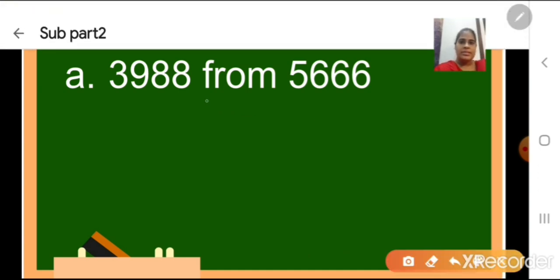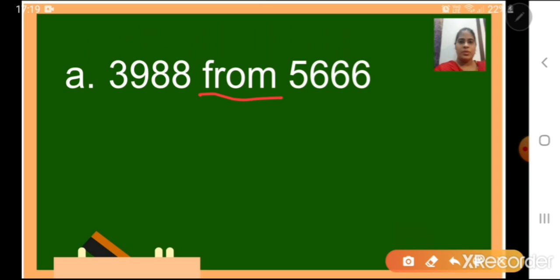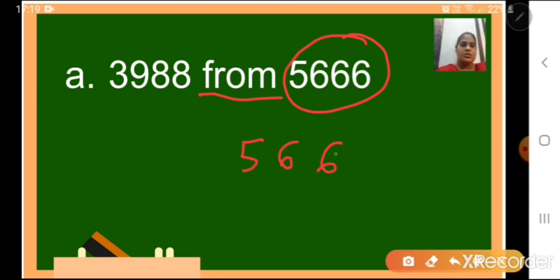When we see the word from, it means we have to subtract this number from this number. So the second number which is given, that we have to write first. So it is 5,666 minus 3,988.